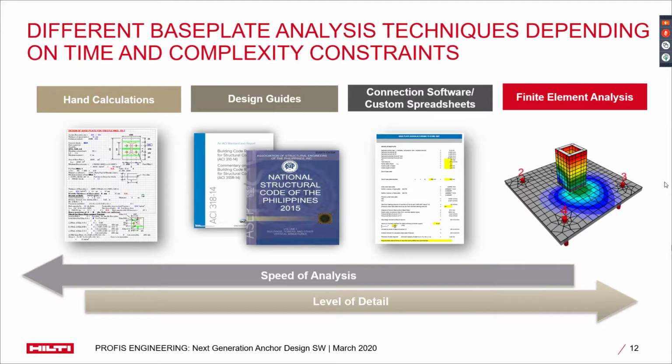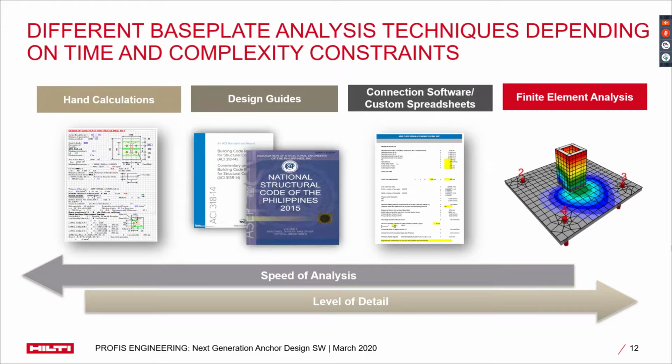Due to the different approaches, the time taken to do each check and factors like additional steel plate, weld check, anchor geometry, and capacity checks often come into consideration when determining which approach you would like to use. At one end, we have hand calculations, which is a simple check to give a quick idea of the base plate yielding. This often involves making some conservative assumptions and simplifications. Thus, this is ultimately the quickest check.